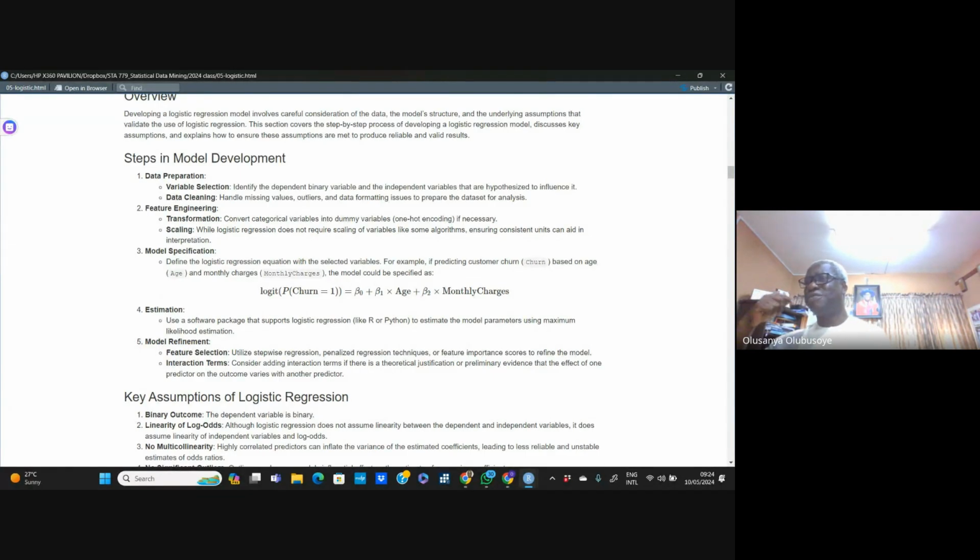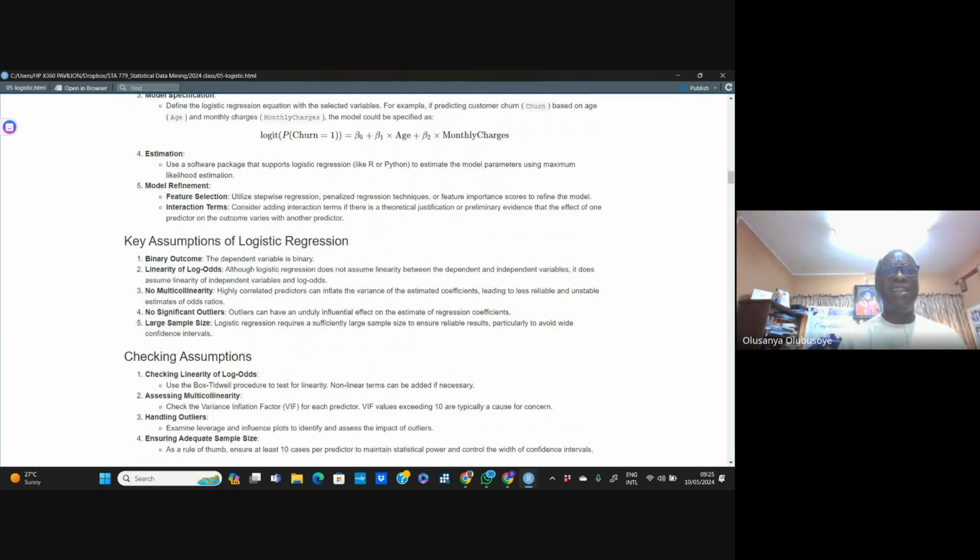We can also use penalized ridge, elastic net, and lasso regression in binary logistic regression, if we have more variables than the number of observations. Then we may want to consider adding interaction terms and provide theoretical justification for that if necessary.